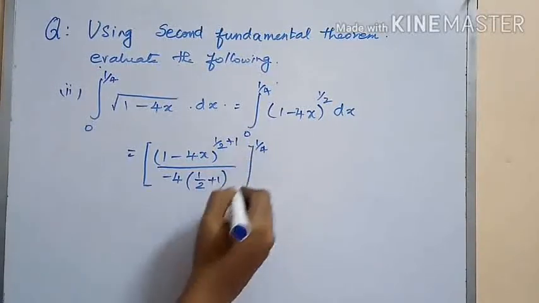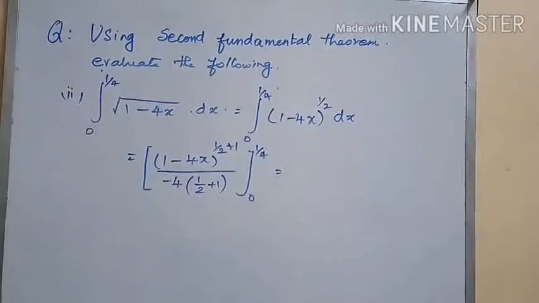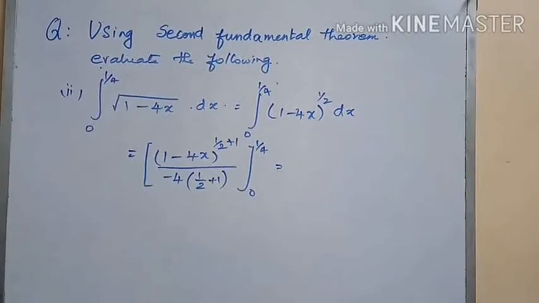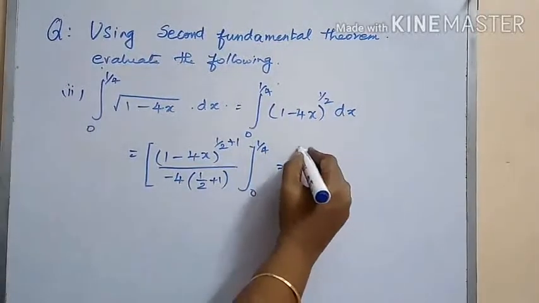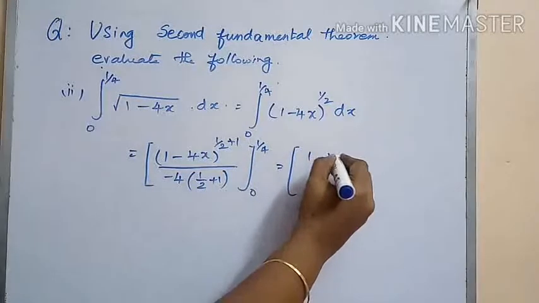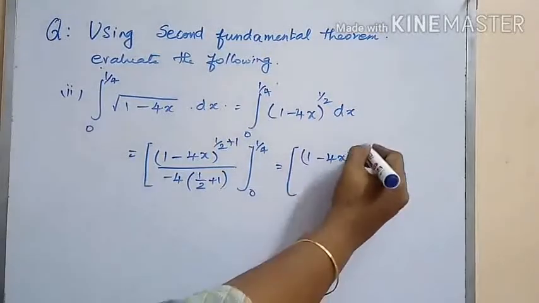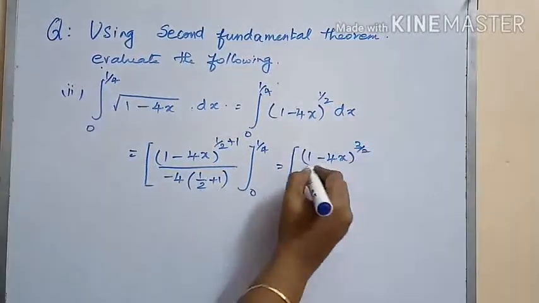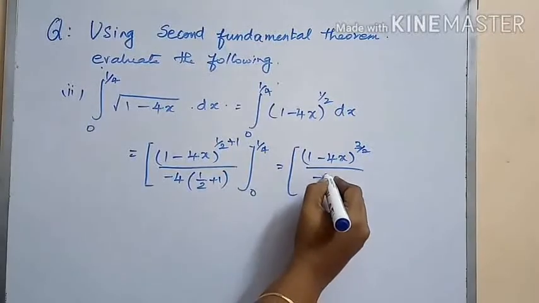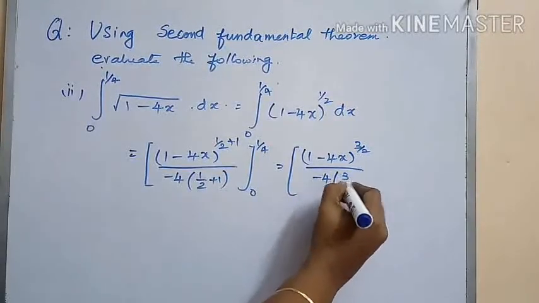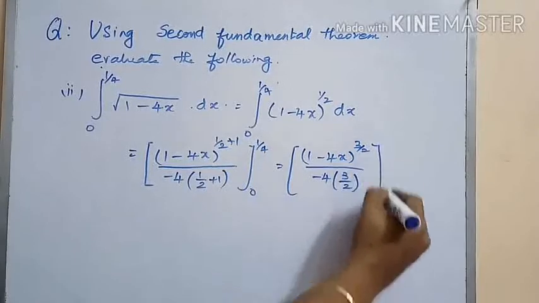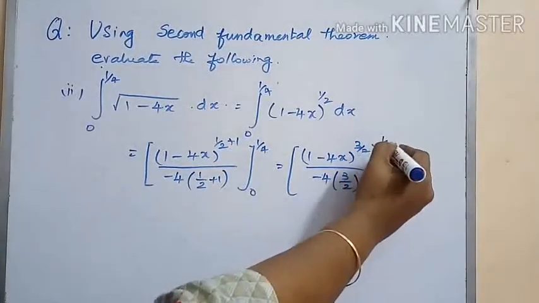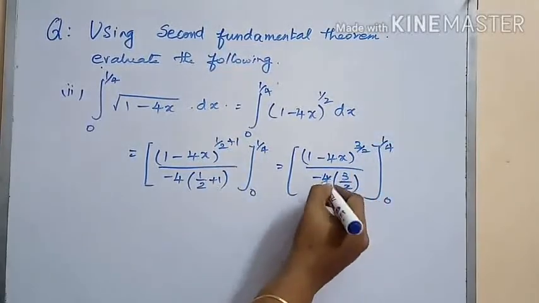The limits are 0 to 1 by 4. In the next step, we have 1 minus 4x whole to the power of 3 by 2 by minus 4 into 3 by 2, and the limits are from 0 to 1 by 4.